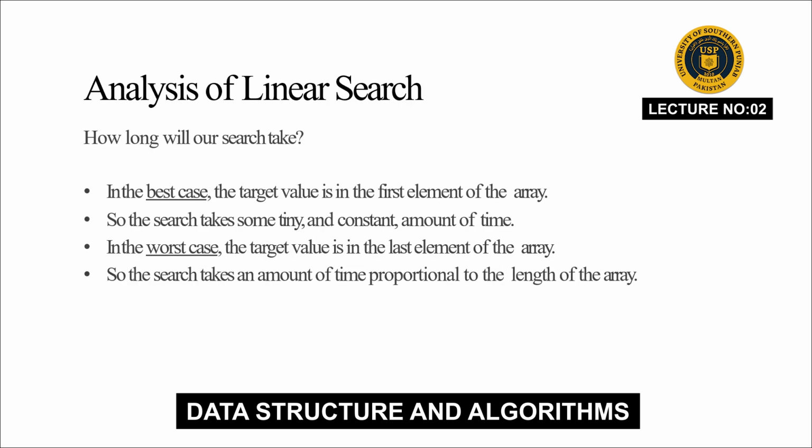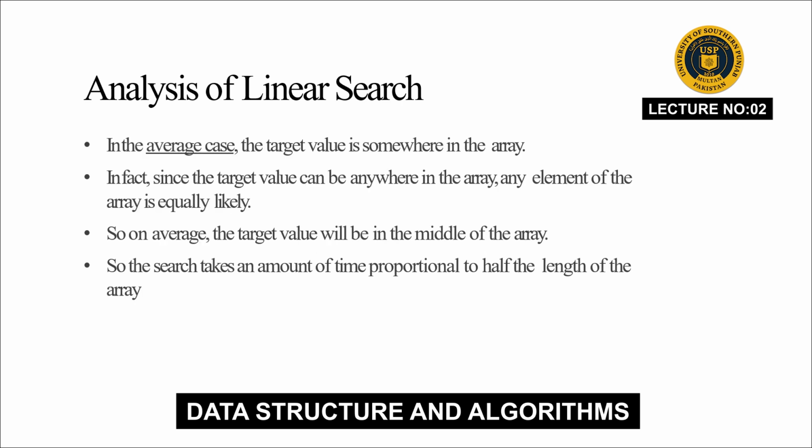Now let's analyze the performance of linear search in different cases. In the best case, the target is in the first element of the array, so the search takes a teeny, constant amount of time. In the worst case, the target value is in the last element of the array, so the search takes an amount of time proportional to the length of the array.